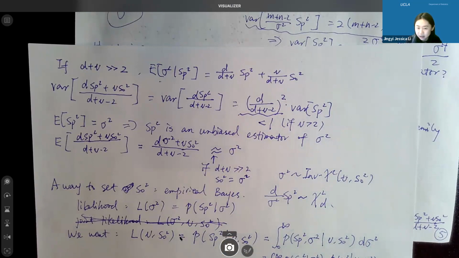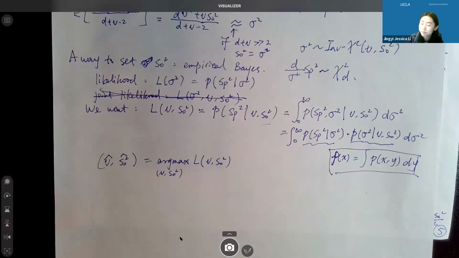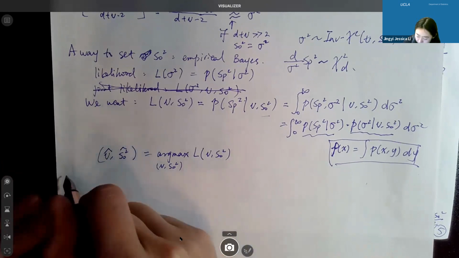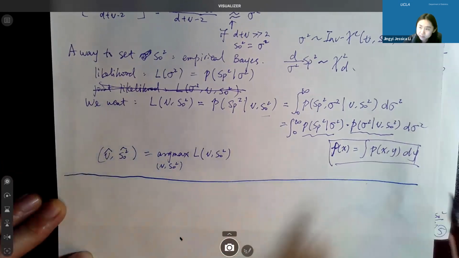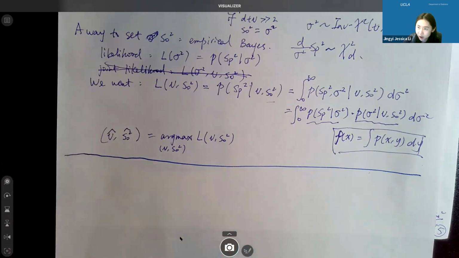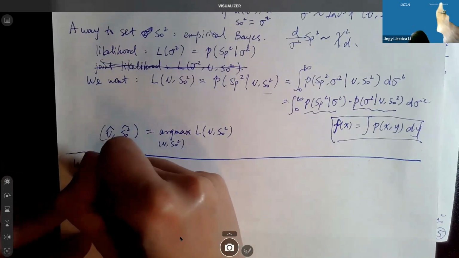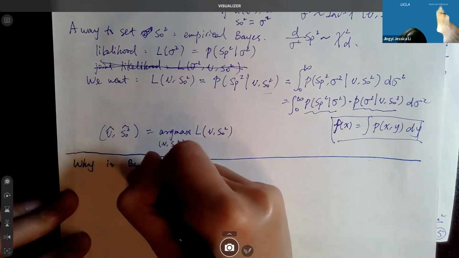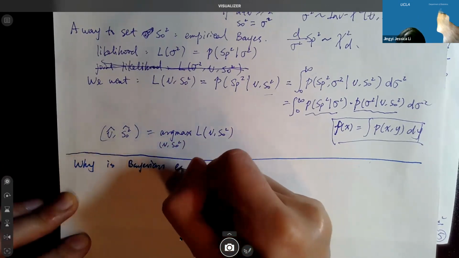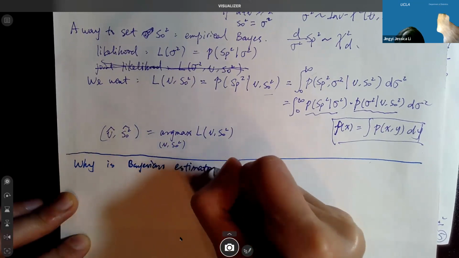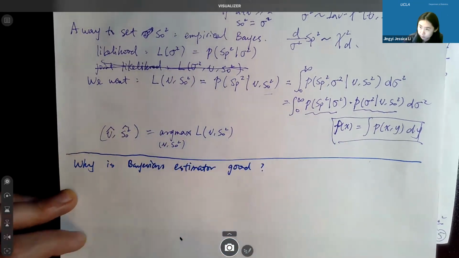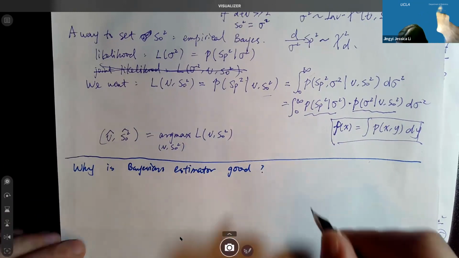And I want to say that there is a theoretical reason why the Bayesian estimator is good. I'm not going to give the detail here for this class, but I just want to give you the result. It's actually some very nice theoretical result about why Bayesian estimator is good. And when we say good in statistics, we need to specify in what sense.